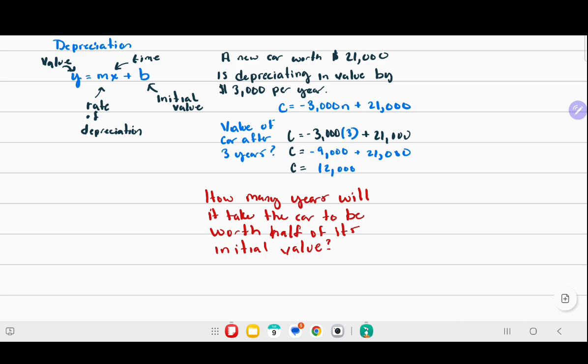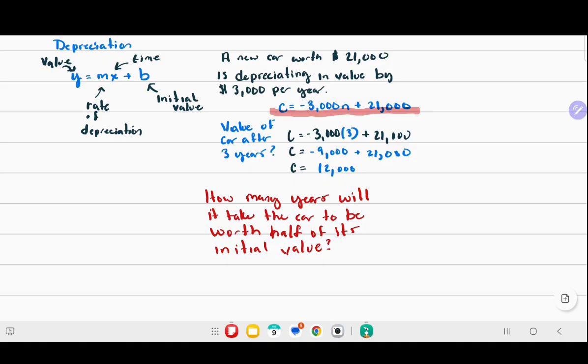All right. So this time, same equation. This time we didn't know years, but we want our value. We want to know how long it would take for its value to be half of 21,000.